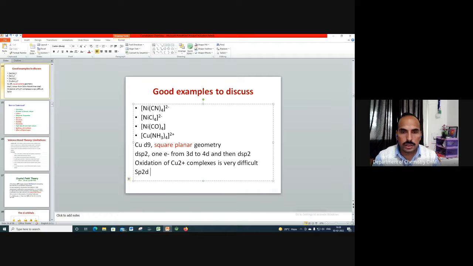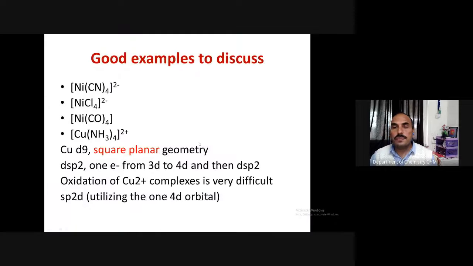So this d orbital will be coming from utilizing the 4d orbital.